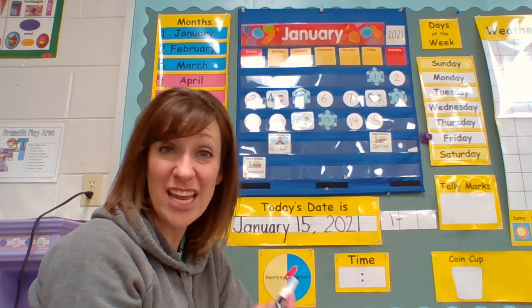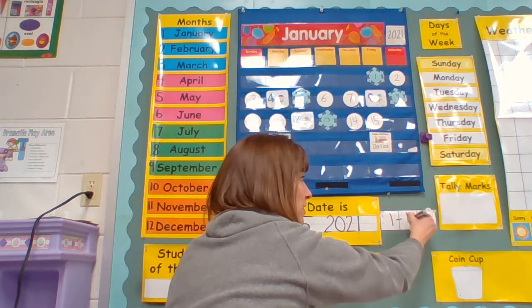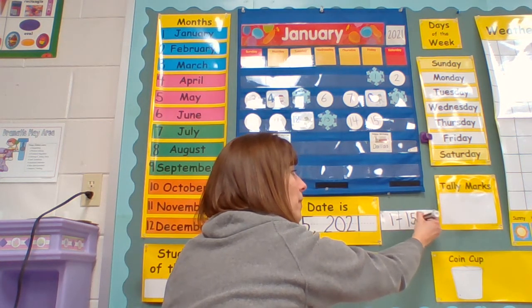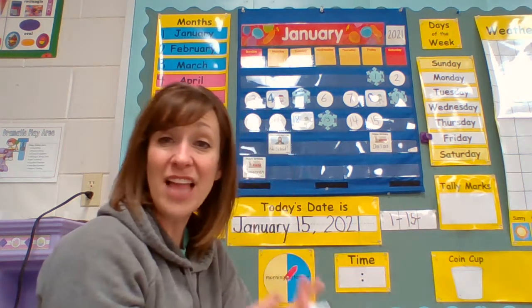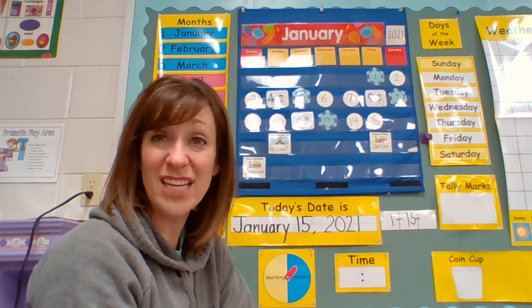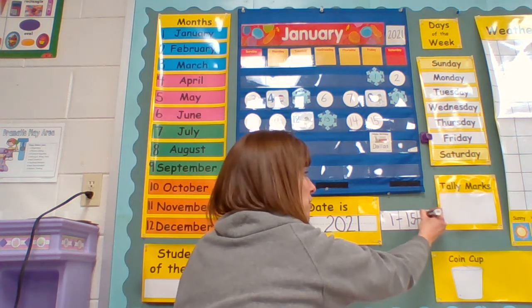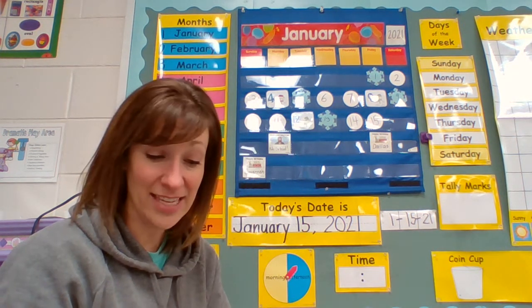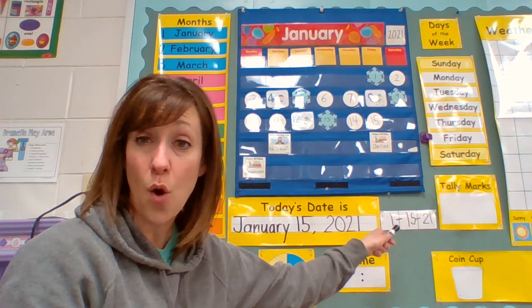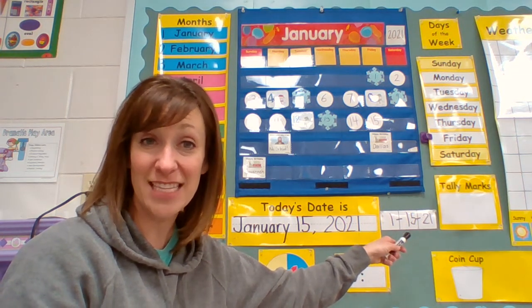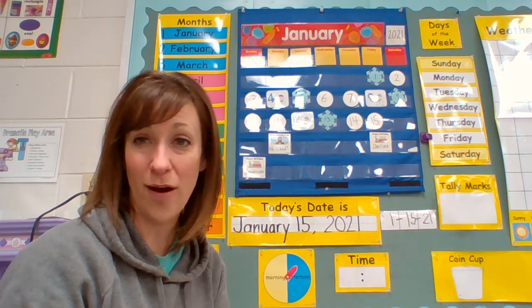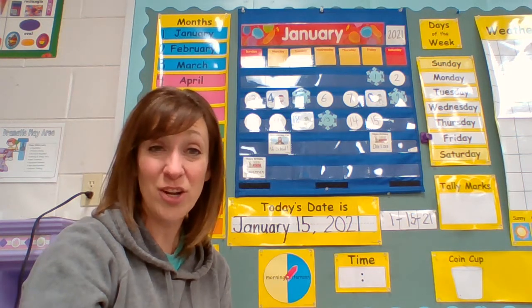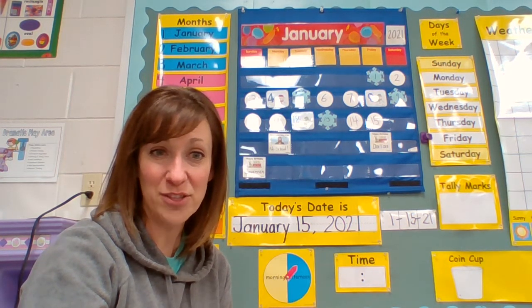Then we just said it was 15 for the day of the month. And then the last 2 numbers in the word 2021 go in that third box. All right, let's say that date then. Today is 1/15/21. Great.